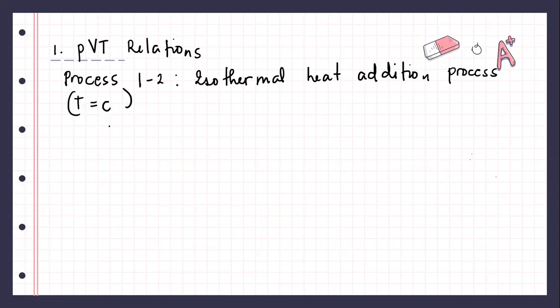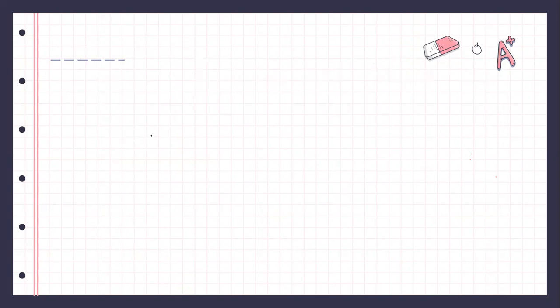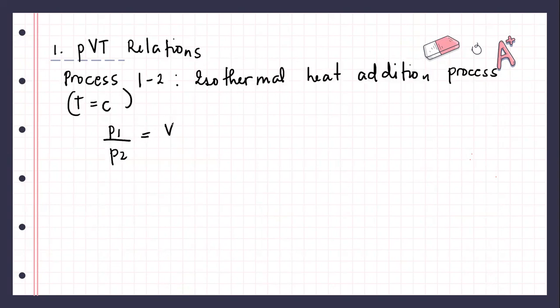Okay, formula, we have P1 over P2 is equal to V2 over V1. This one is also equal to the isothermal expansion ratio. Temperature is constant.